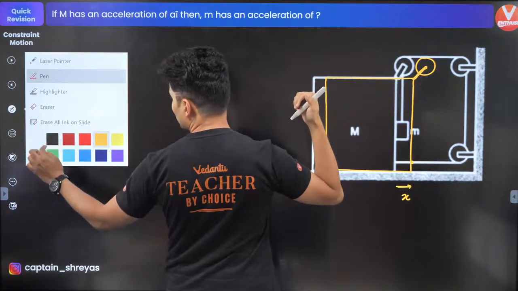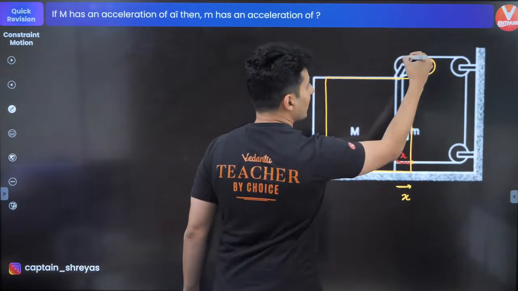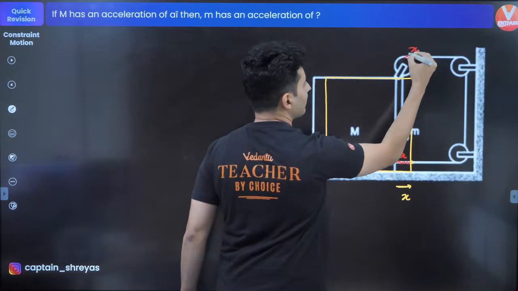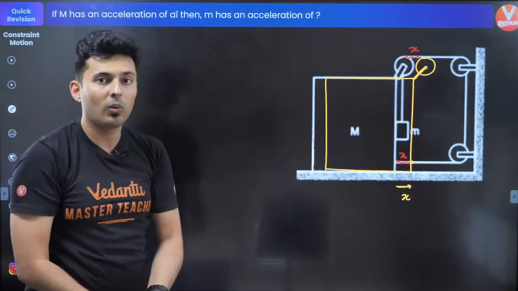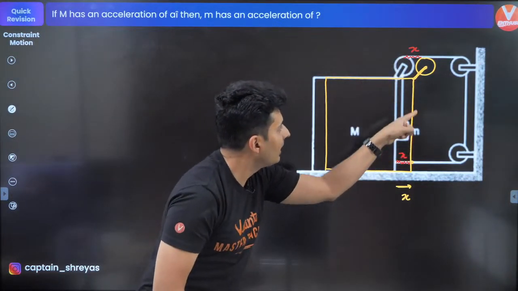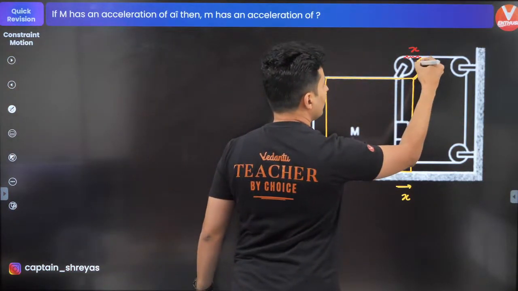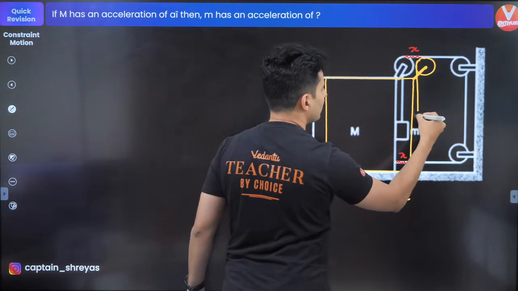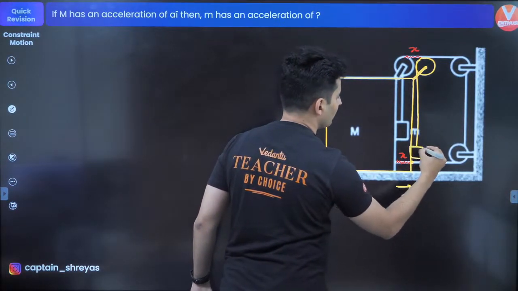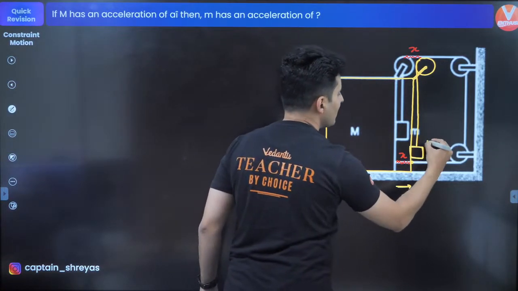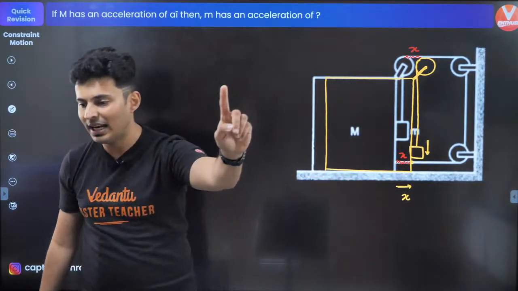So where are the extra strings? This one is the extra string x, and this one is the extra string x. Where will these strings go? They will obviously fall down, and this mass would have come down. So how much will the mass come down by? Think about it.